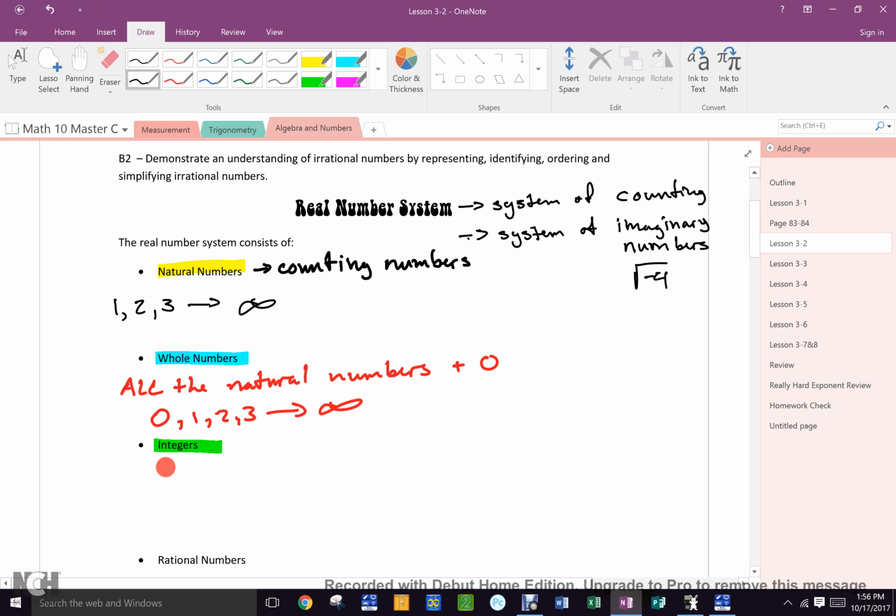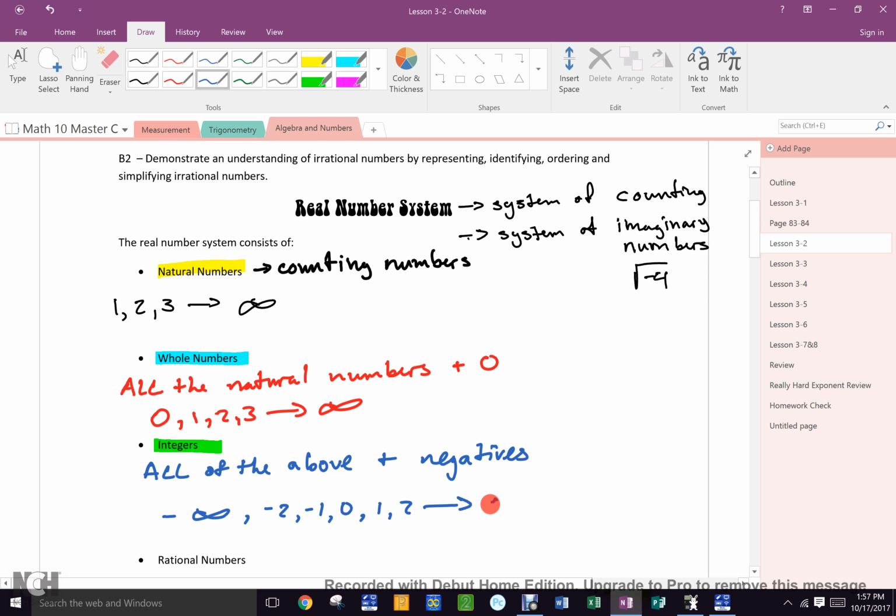Integers are all of the above plus negatives. So it's negative infinity, -2, -1, 0, 1, 2, up to positive infinity.